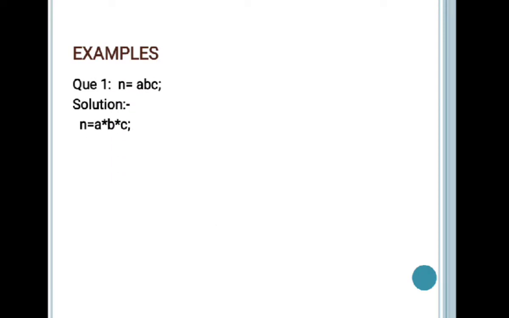It is understood in mathematics that when there is no sign, it has a multiplication sign. But in Java programming, you have to mention that there is a multiplication relation between two or three operands. You can't leave it like n is equal to abc, otherwise abc will be treated as a single variable.